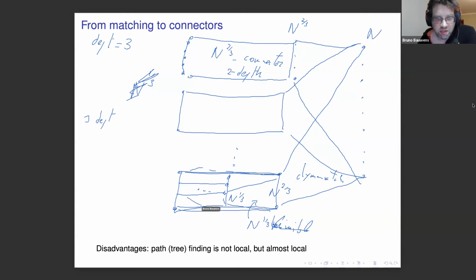And here we have fully connected. And in the right half of one block, what is the connection? So on the right, each graph has n to the power 2/3. On the left, n to the power 1/3. And then the fully connected has n to the power 1/3 here and n to the power 1/3 here.